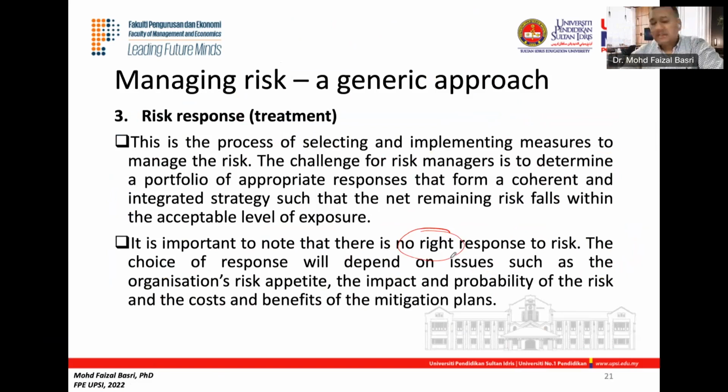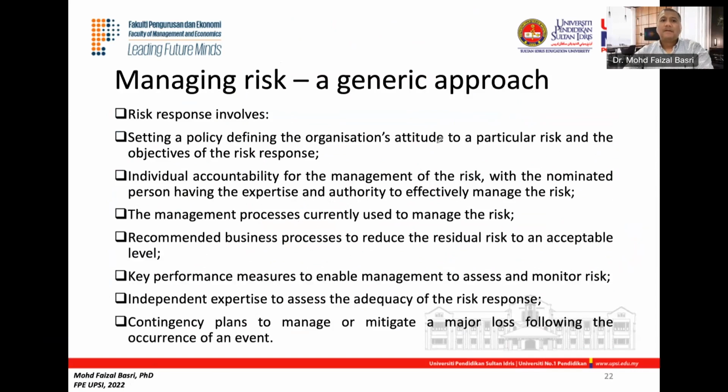Obviously, you need to monitor it in the future. If you find that your solution is not correct or not helping to reduce or minimize the risk, you may have to change your response in order to minimize the risk in the future. So there will be no correct response at any point in time.